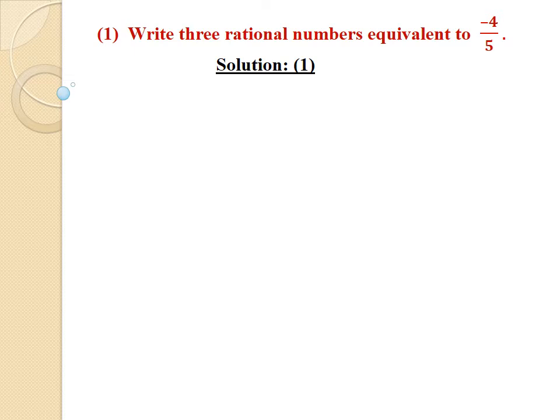Similarly, if A upon B is a rational number, then A divided by T upon B divided by T is also an equivalent rational number to A upon B, where T is not equal to 0. So now let us solve sum number 1 and find 3 equivalent rational numbers to the given rational number.